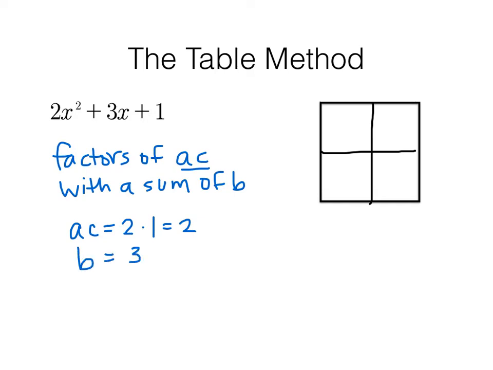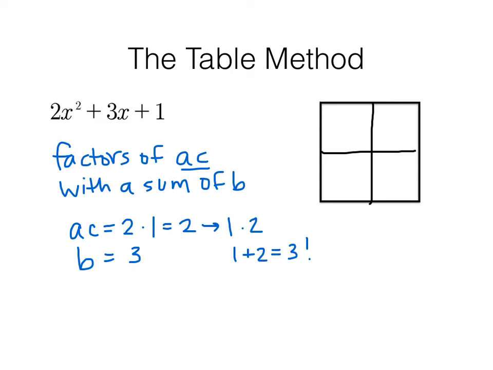B is 3. So we need to find factors of 2 that add up to 3. And the only factors of the number 2 happen to be 1 times 2, and they do happen to add up to 3. Yay! Okay, so what do we do with that?